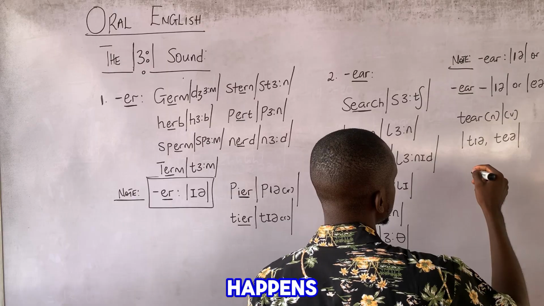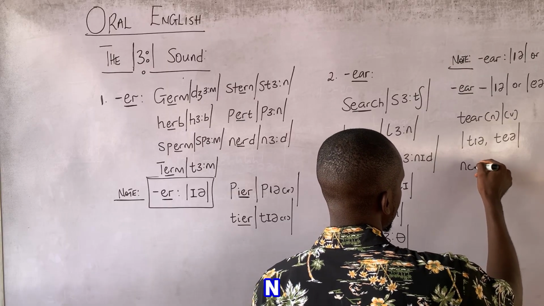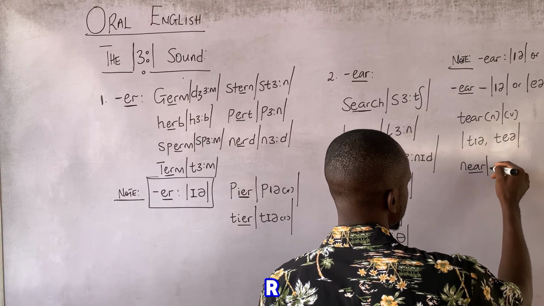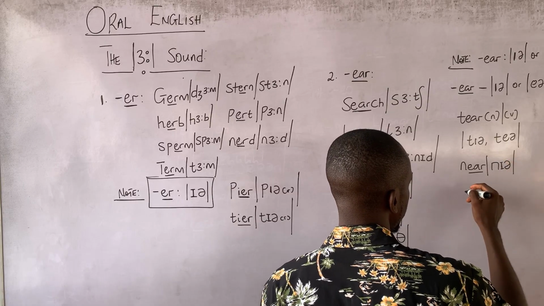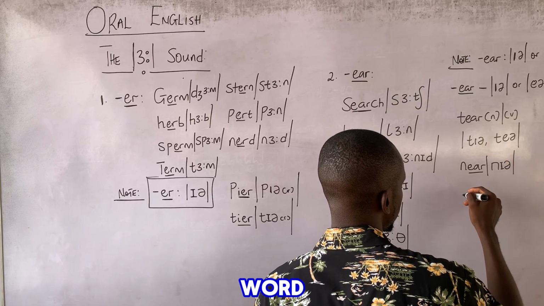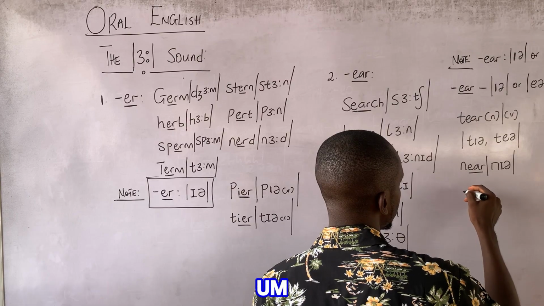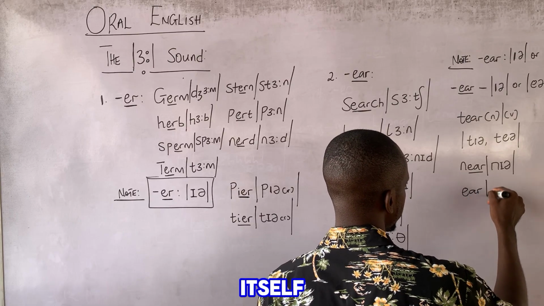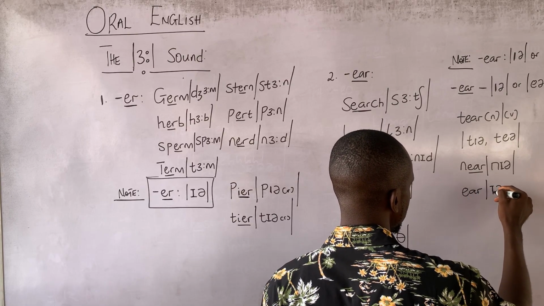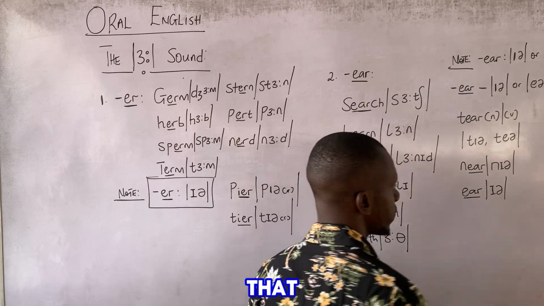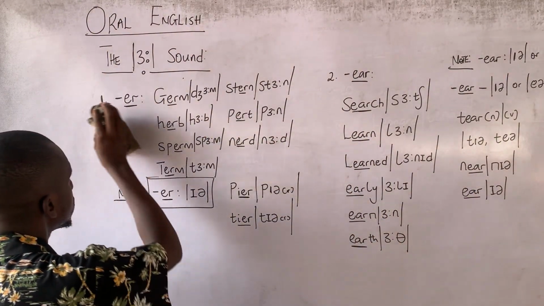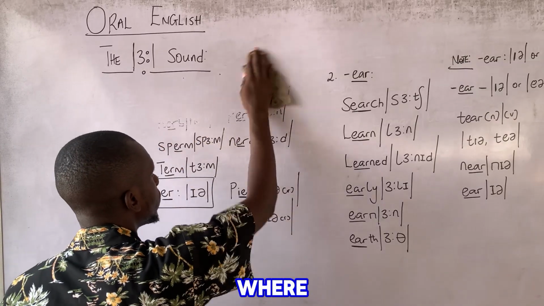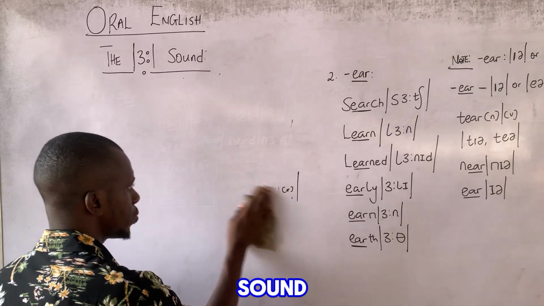Same thing happens in a word like NEAR, and in a word like EAR in itself. You see that? Excellent. So let's see the other letters where the sound will occur.